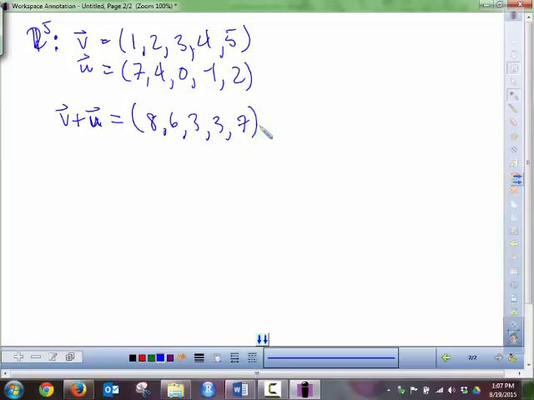So that's going to be my new vector. So subtraction would also work. Did I add correctly? I have problems adding sometimes. Is that right? Okay.